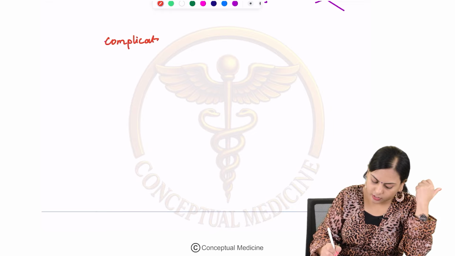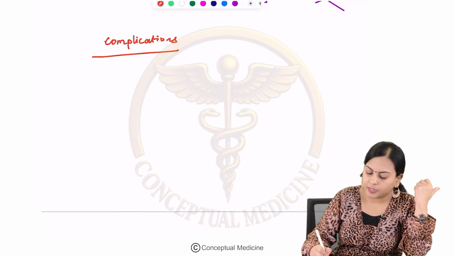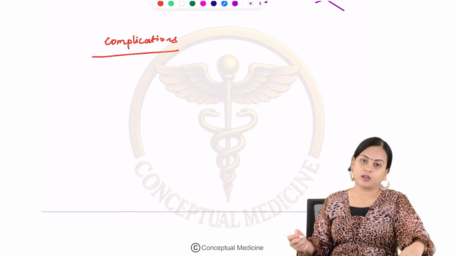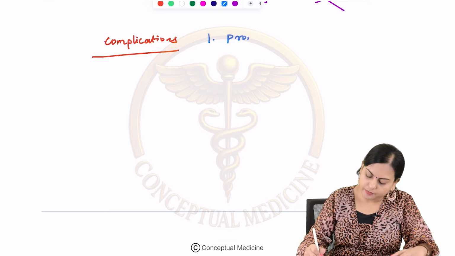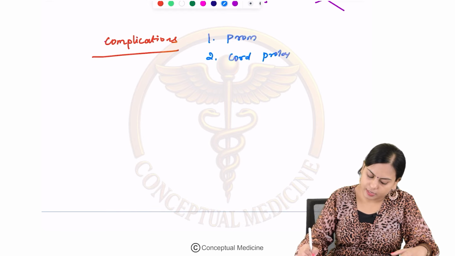And then we'll see about the complications that can arise. So, complications for the mother can include PROM, due to which cord prolapse can occur.